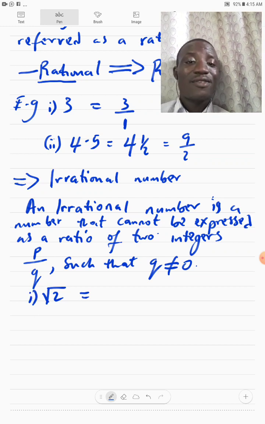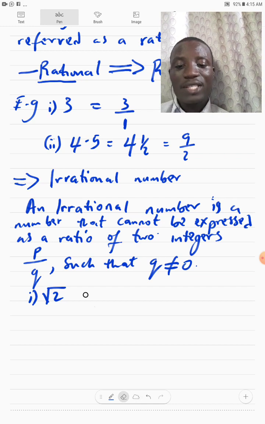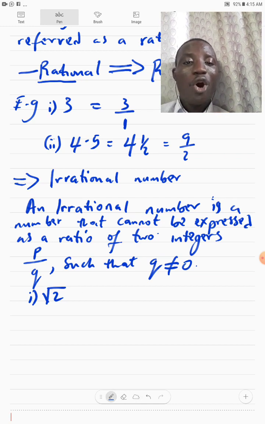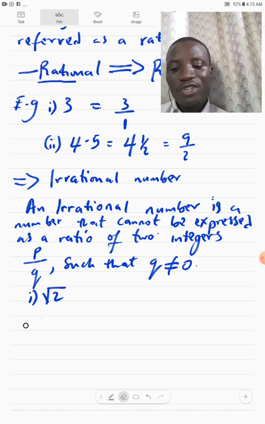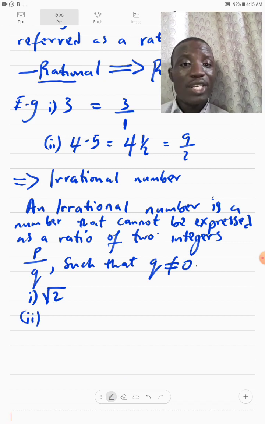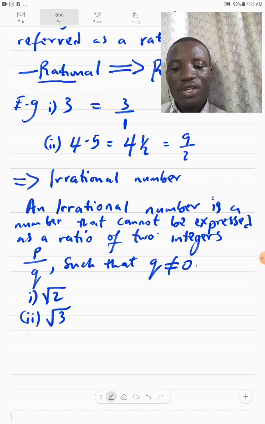In fact, I can tell you that the square roots of prime numbers, and prime numbers are numbers that can only be divided by 1 and itself, will all result in being irrational numbers. Look at your root 3, root 5, root 7, and so on and so forth.